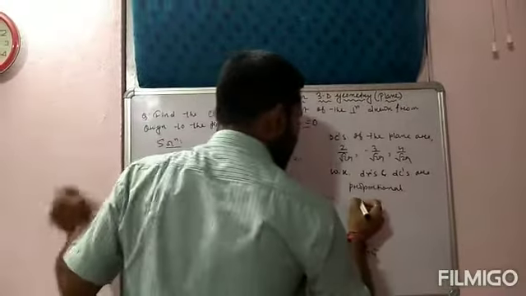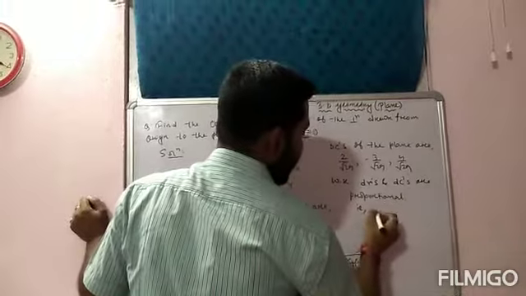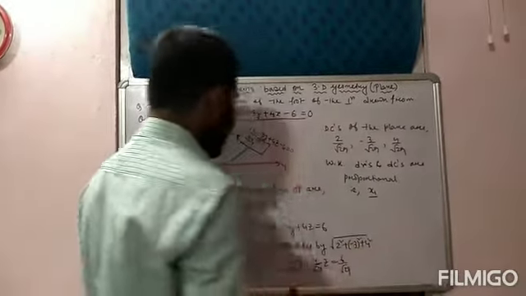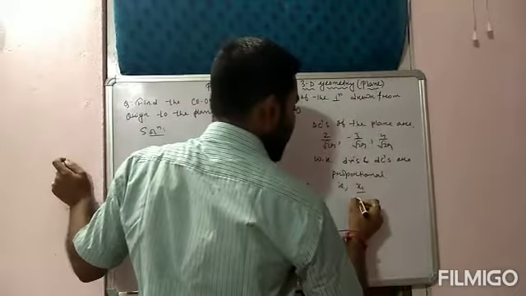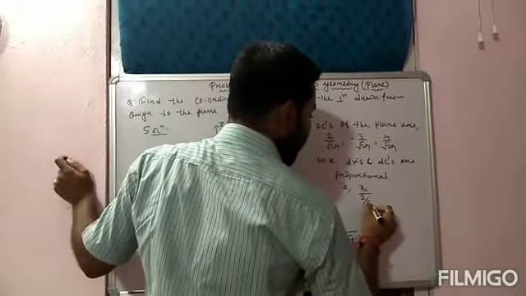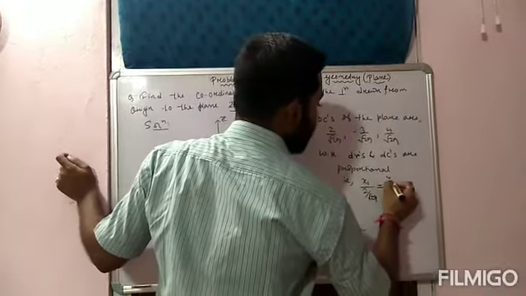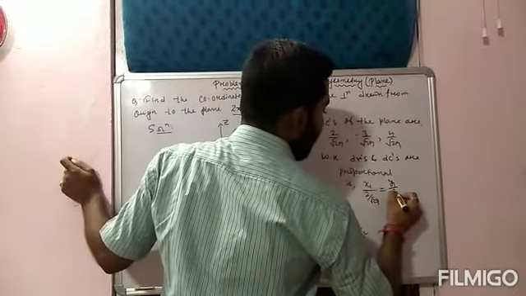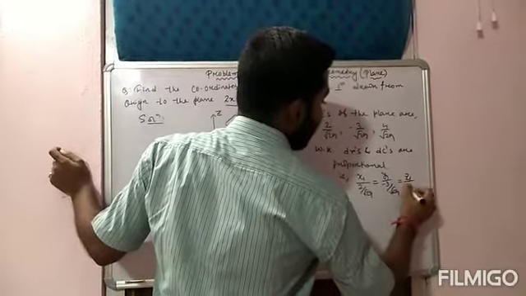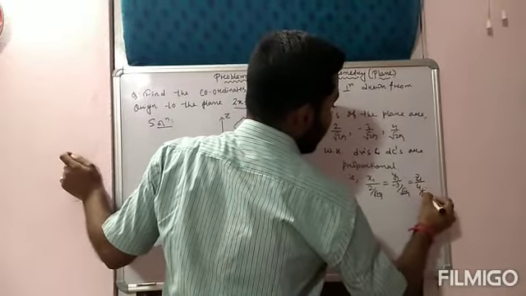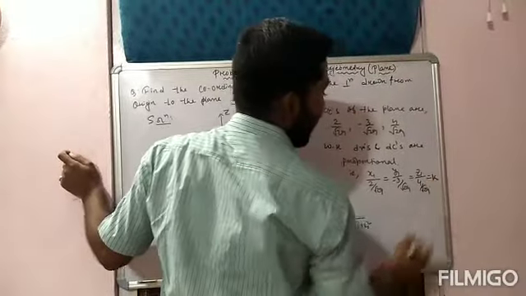That is, therefore we can write x1, the direction ratio, x1 by 2 by root 29 is equal to y1 by minus 3 by root 29 is equal to z1 by 4 by root 29. This is equal to say k.